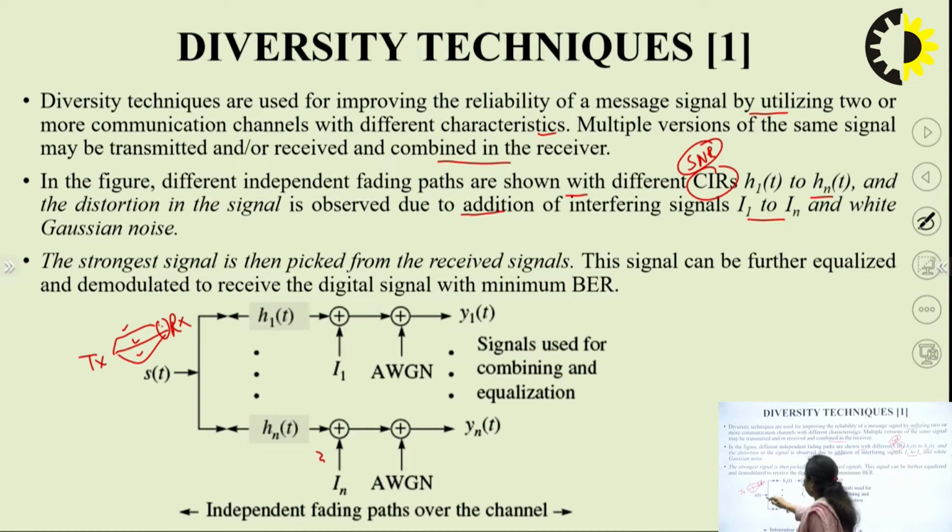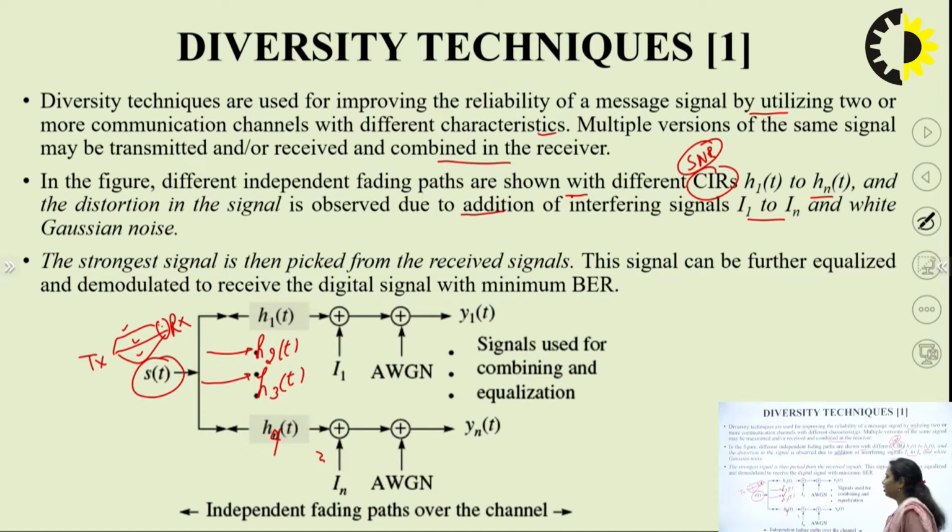So you can see that this is the signal that you want to transmit. Now these are the multiple paths. Let's say I am going to take 4 different paths. So this N will become 4. So here will be H1(t), H2(t), H3(t) and H4(t), which means 4 different paths will be followed by a single signal.